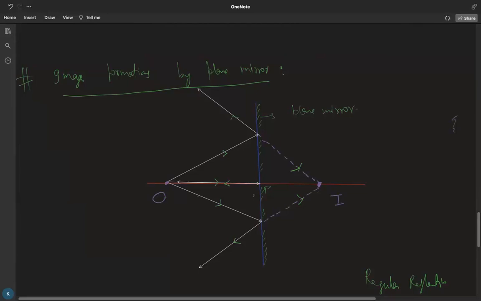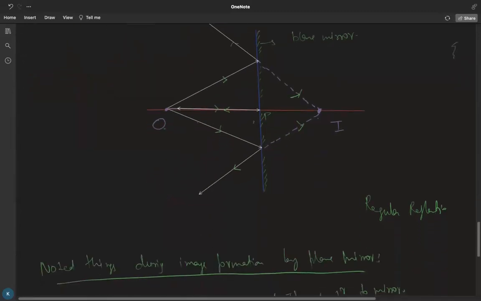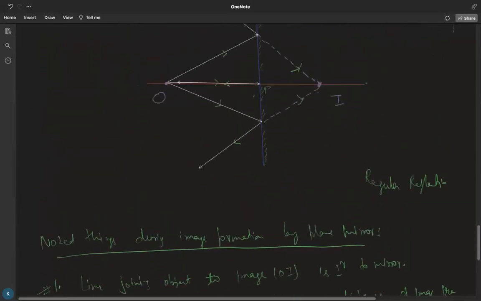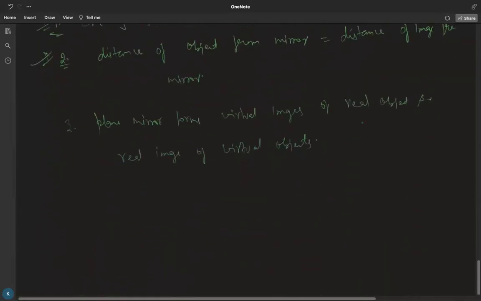So the plane mirror has a property in image formation that it forms the real image of a virtual object and the virtual image of a real object. So the object is actually real, so it forms its virtual image.